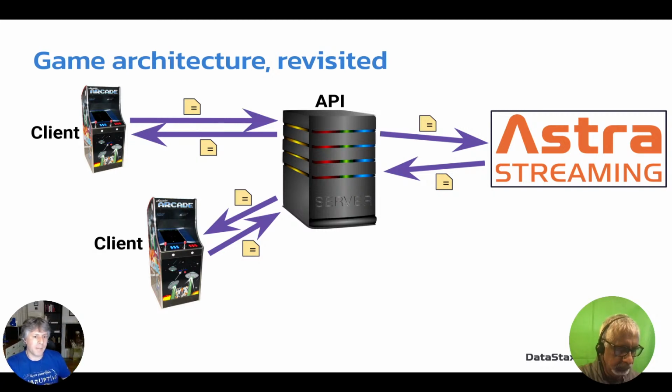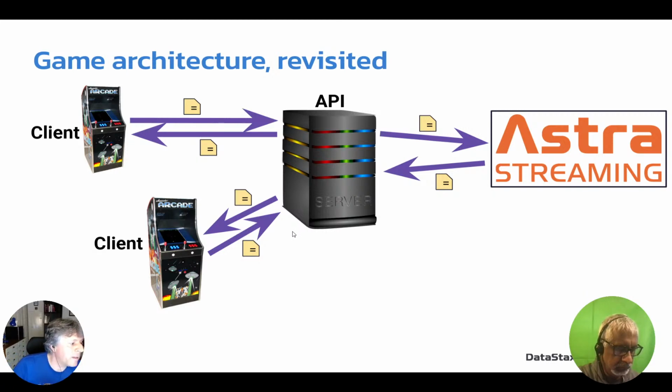So the client sends messages to the API. The API will be in charge of speaking to the Astra Streaming topic. So you see the messages go from the client to the API on the server. Then from there, they go to the streaming topic. And from the streaming topic, they will be received by the API, which also serves as a consumer from the topic. And the API will be delivering messages, that is game world updates, to all clients out there.